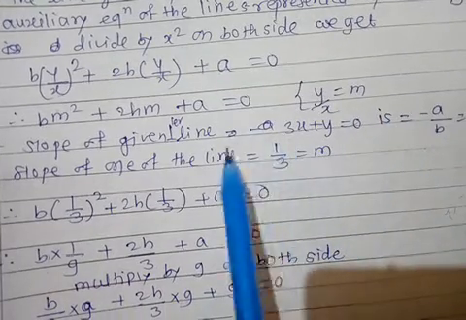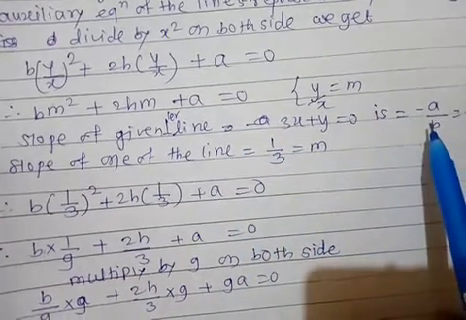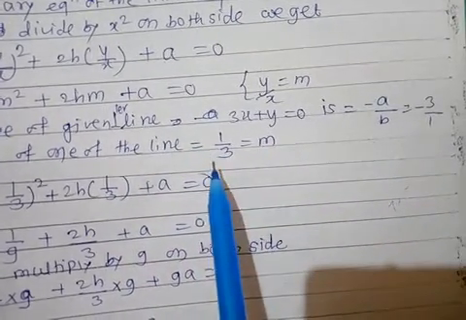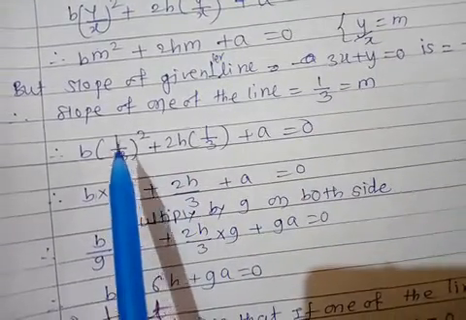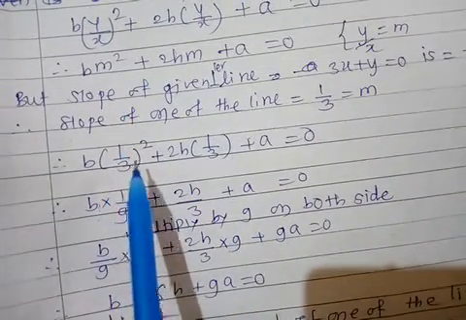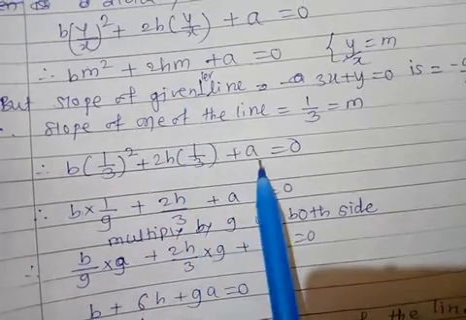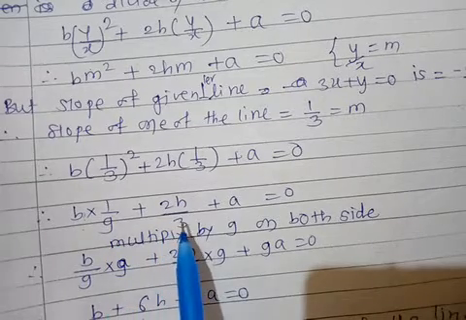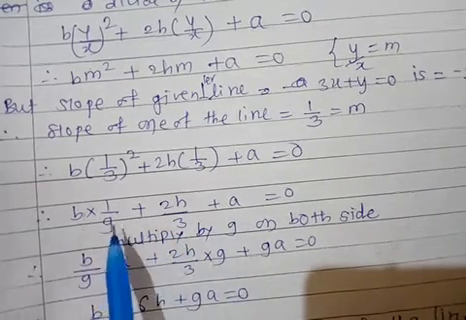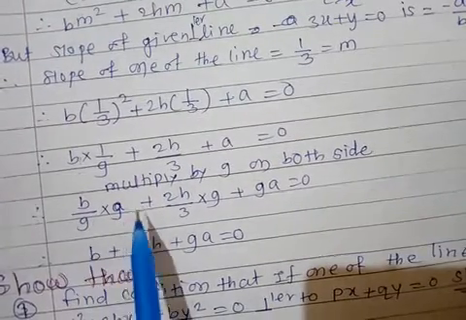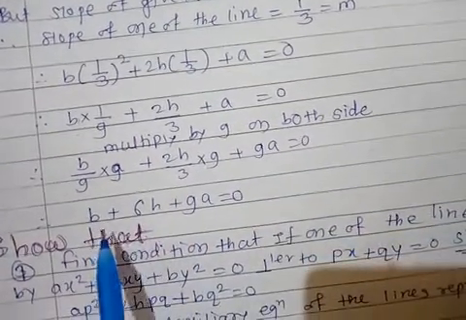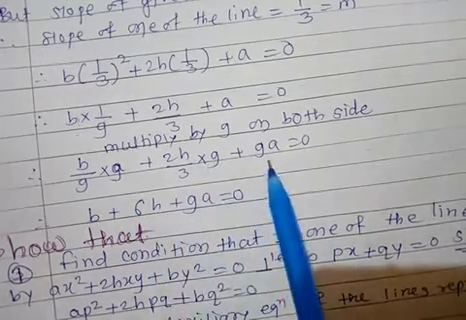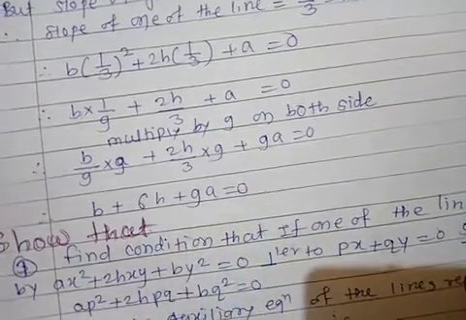Then find the slope of the given line, and as it is perpendicular, take the reciprocal and change the sign, and put m here. Therefore b into 1 by 3 whole square plus twice h into 1 by 3 plus a equals 0. That is 1 by 9 b, 2h by 3, and the bigger number is 9, so multiply by 9. Therefore b plus 3 ones are 3, 3 twos are 6h plus 9a equal to 0. This is the condition.